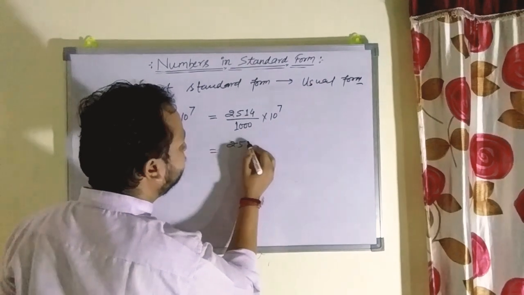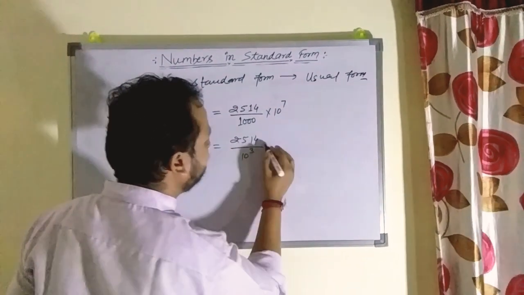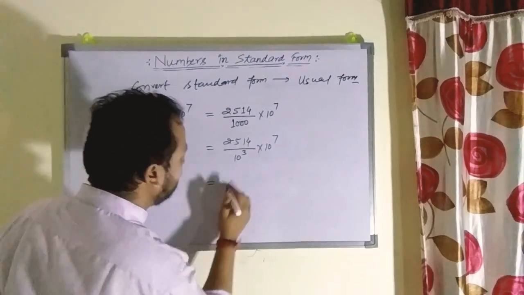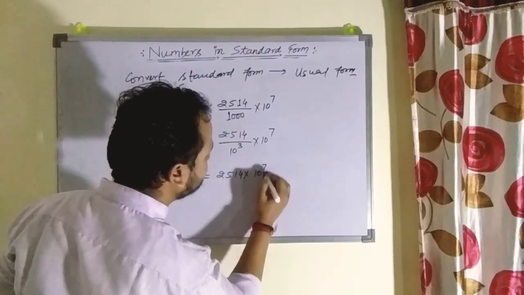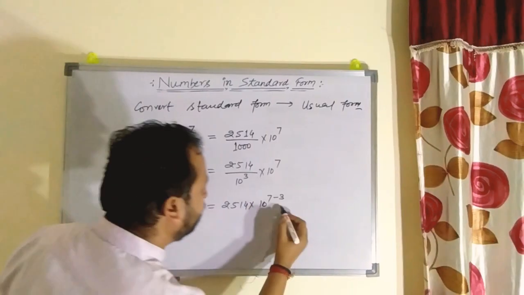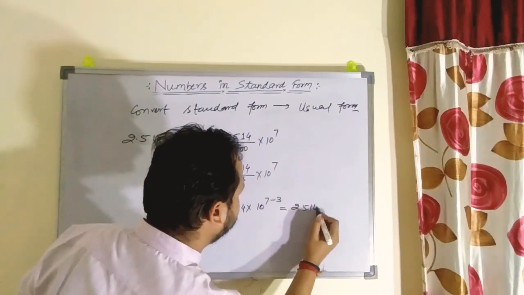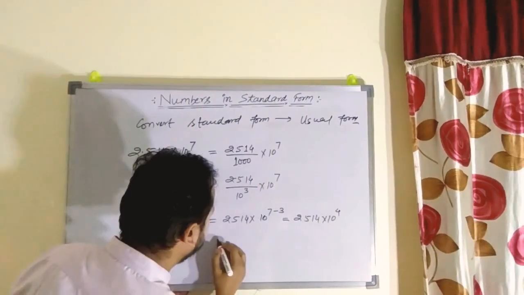Then 2514 divided by 10 to power 3 into 10 to power 7. Subtract the powers: 2514 multiplied by 10 to power 7 minus 3, which is 2514 into 10 to power 4.